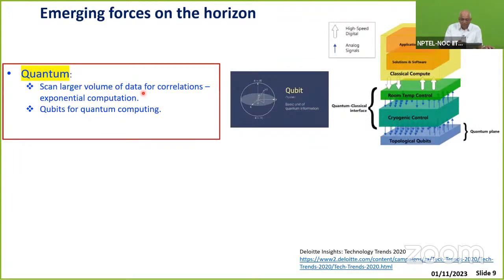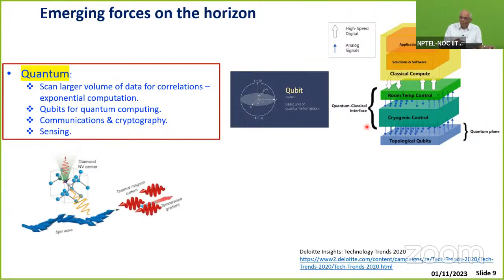Qubits for quantum computing: you can have a qubit and increase the computing power in an exponential way. Communication can also be very secure because quantum cryptography is almost unbreakable. Quantum sensing with the nitrogen vacancy center in diamond, a lot of things have been opened up.